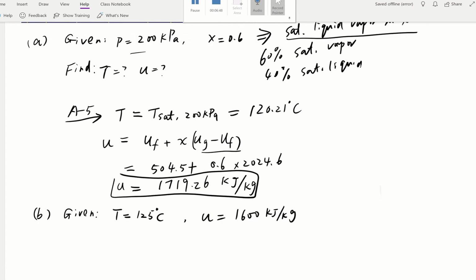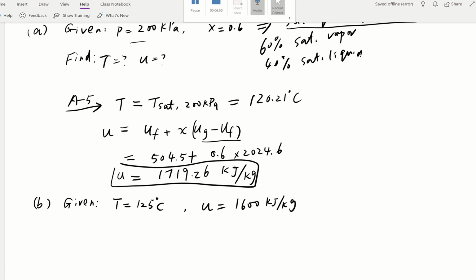How do we solve this one? Again, we have two properties and want to find the rest. We don't know what region. Don't predetermine or presume, oh, it's going to be a mixture, or it's going to be compressed liquid. You have to make that a priority: figure out which phase first. So that's our mission. Which phase is this?